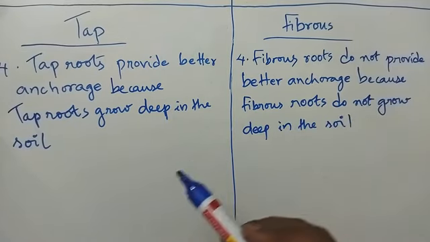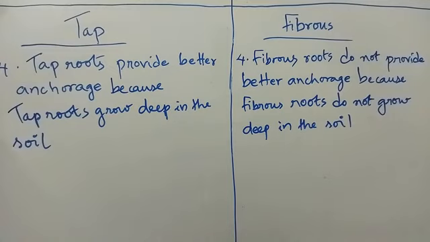The same reason can be taken for their water absorbing capacity. Tap roots containing plants do not require much water to be supplied because they can absorb the water from deep layers of the soil.